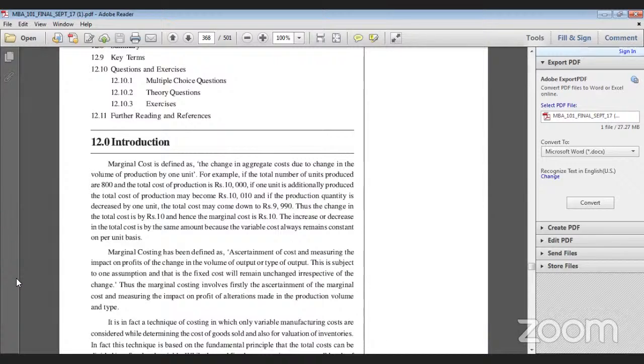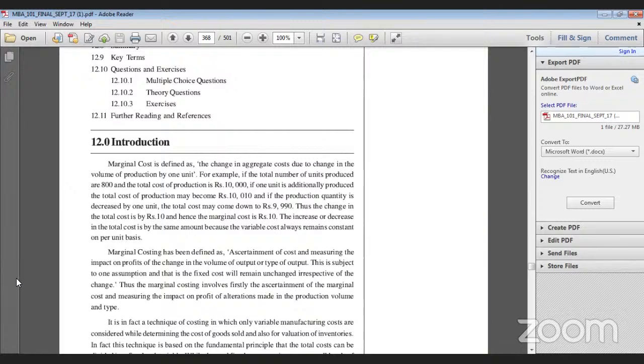The increase or decrease in total cost is the amount of variable cost, which remains constant per unit. Marginal costing has been defined as the ascertainment of marginal cost and measuring the impact on profit of a change in the volume or type of output.